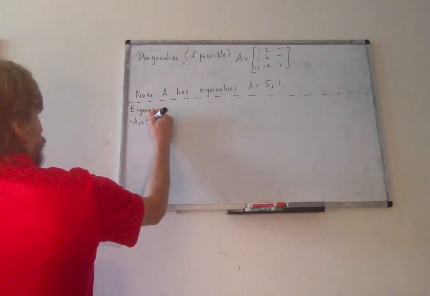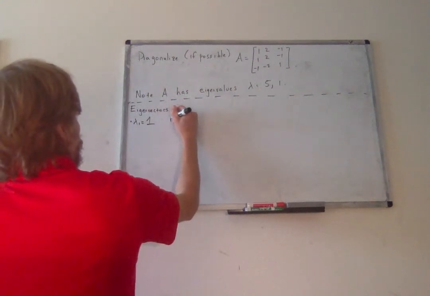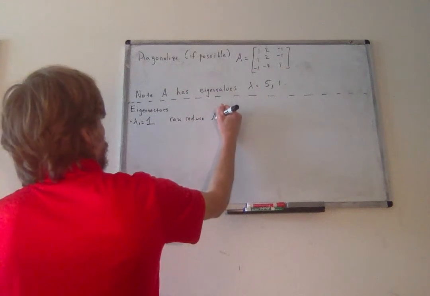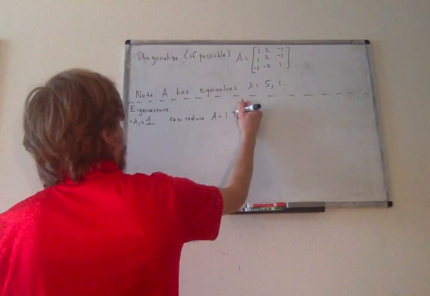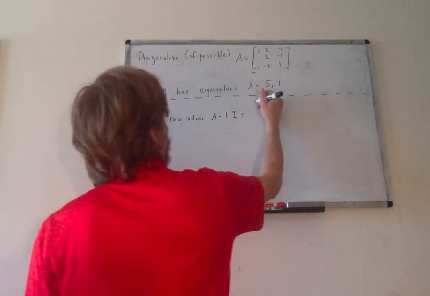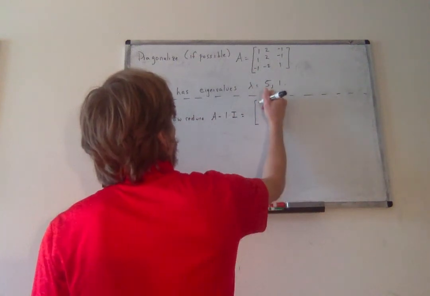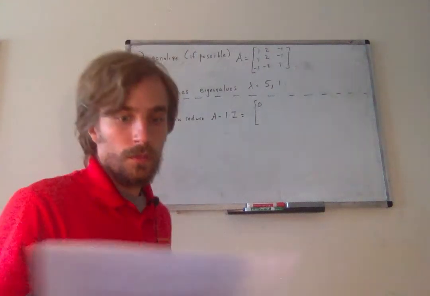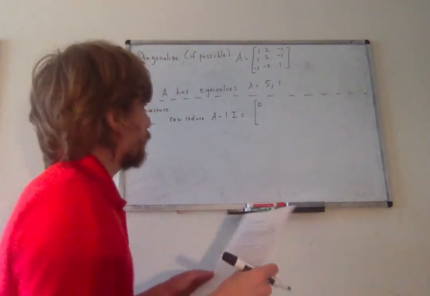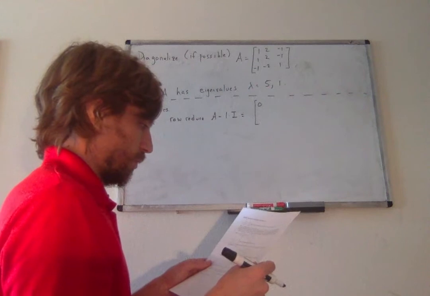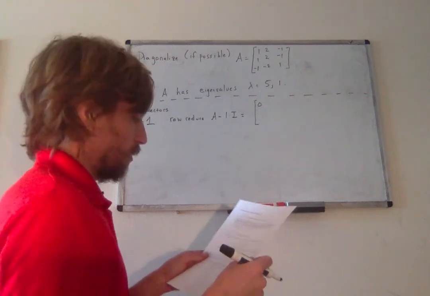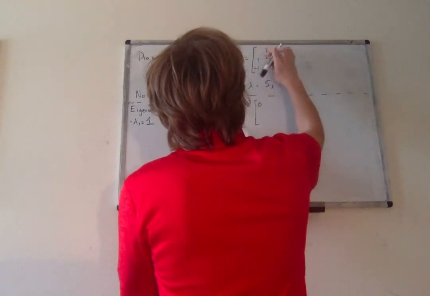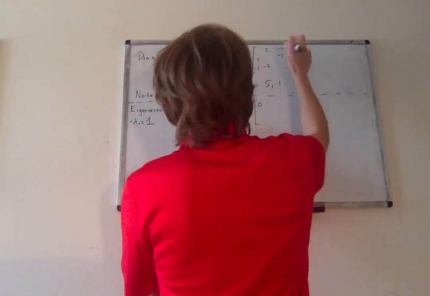And so I'll start with lambda 1 equals 1, meaning I want to row reduce the matrix A minus 1 times I. Oops, sorry, I entered the matrix wrong. I apologize for that.